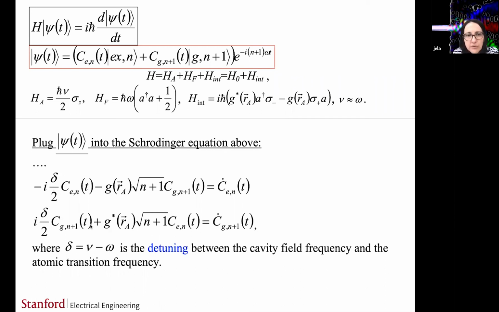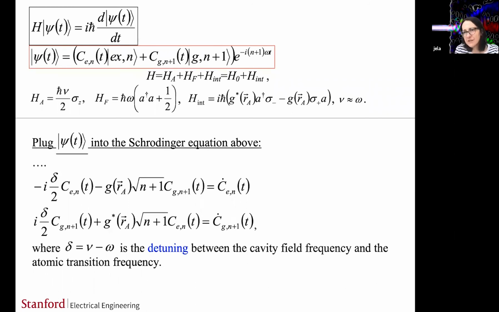Delta here, small delta, is the detuning between the atom and the field. So if the atom is exactly on resonance with the field, these first factors drop off, and then the system is even easier to solve, right? There is no first term. You just have that C G n plus 1 is proportional to the time derivative of C E n, and C E n is proportional to the time derivative of C G n plus 1. So how do you solve equations like this?